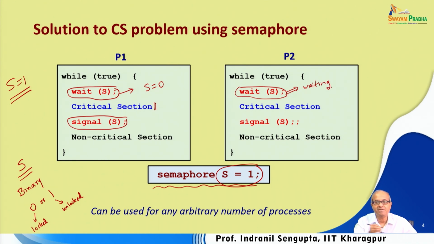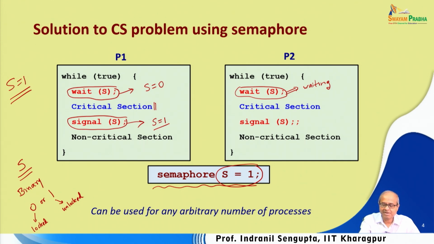So, how long will it wait? P1 is inside the critical section; it will finish, come out, and do signal S, which will increase S by 1, making the value of S equal to 1 again.